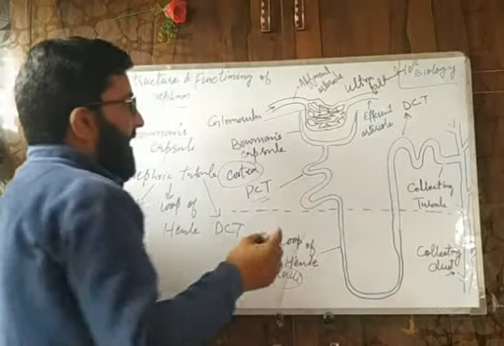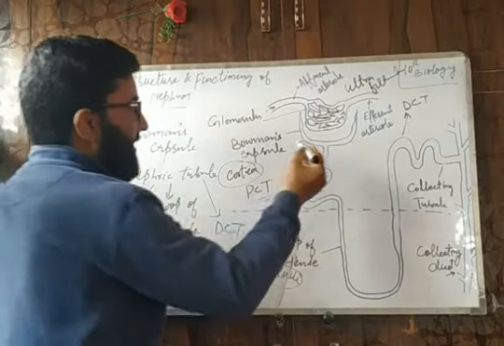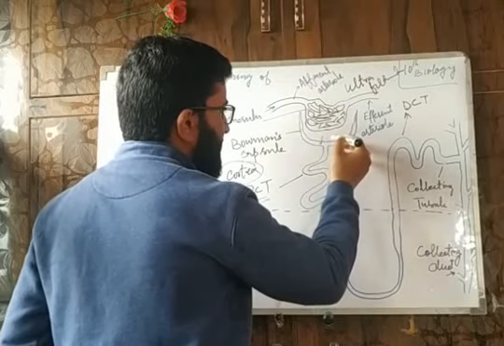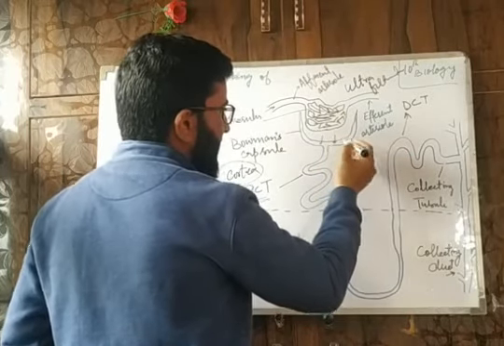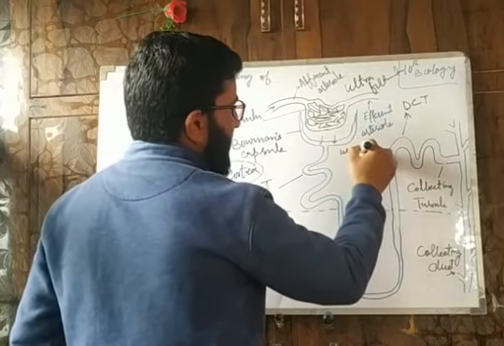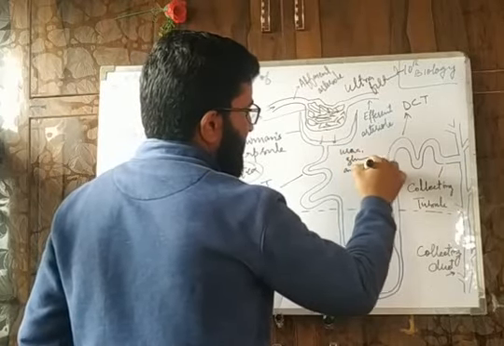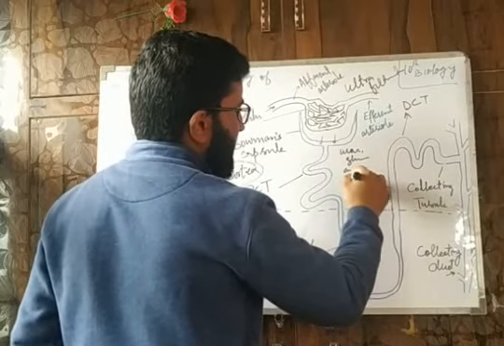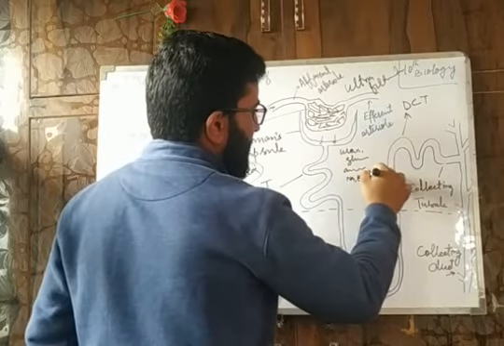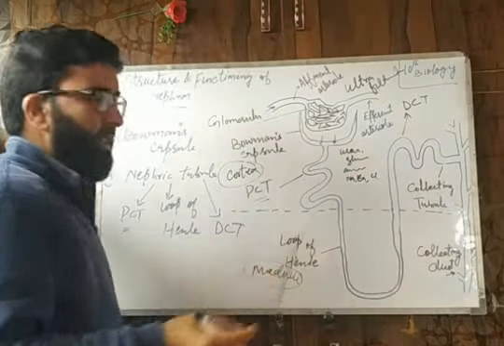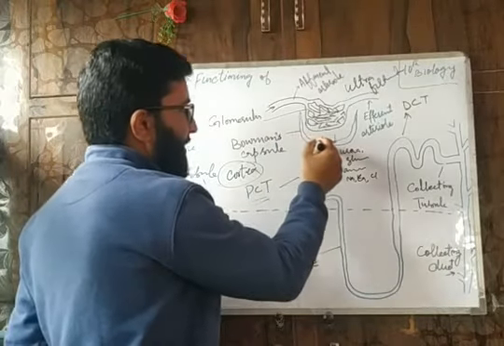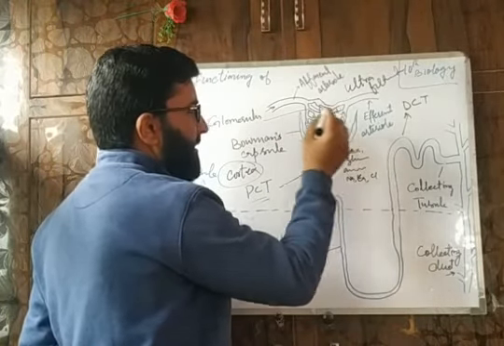Now, when blood gets filtered, it enters into the lumen of the Bowman's capsule. Here it consists of urea, also glucose, amino acids, various types of salts like sodium, calcium, chlorine. They all get filtered and enter into the lumen of the Bowman's capsule.